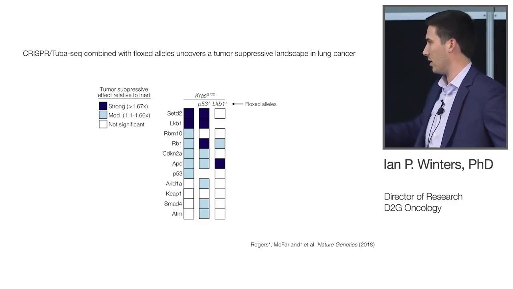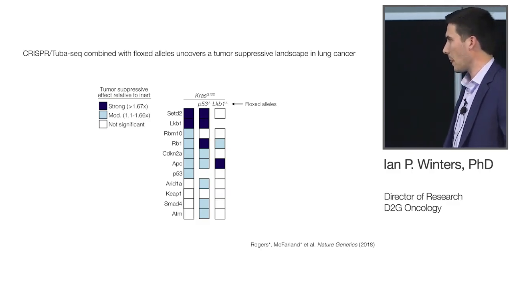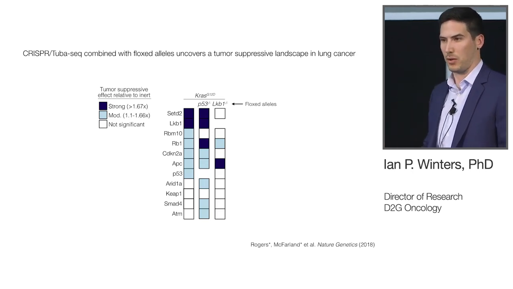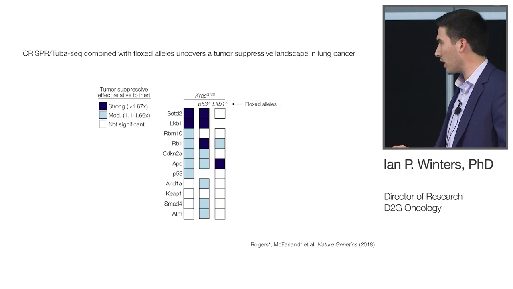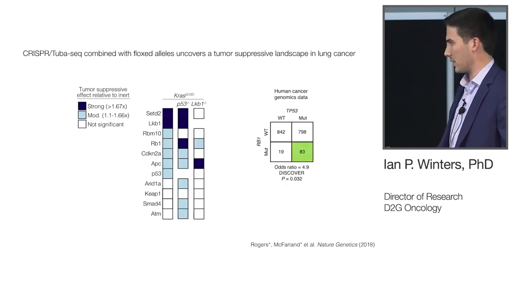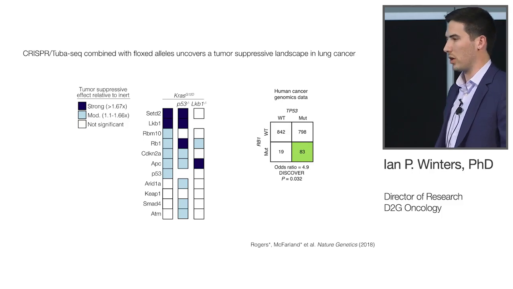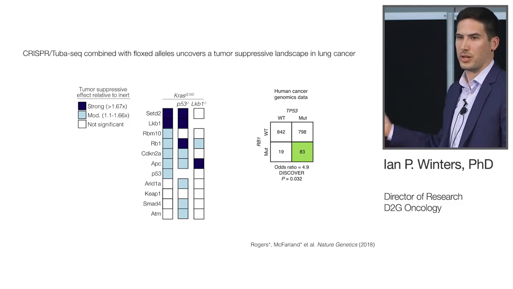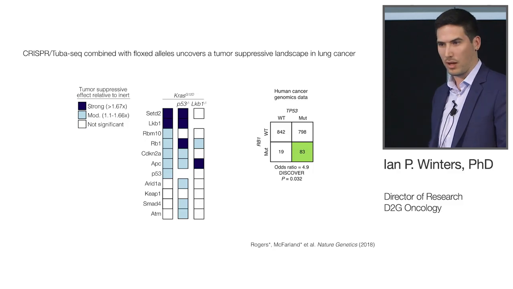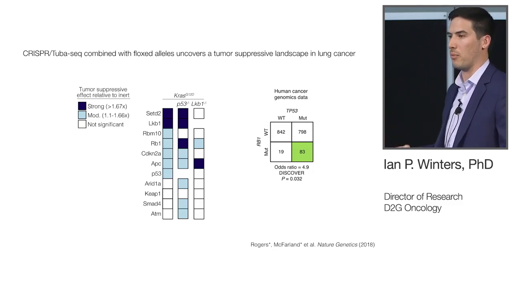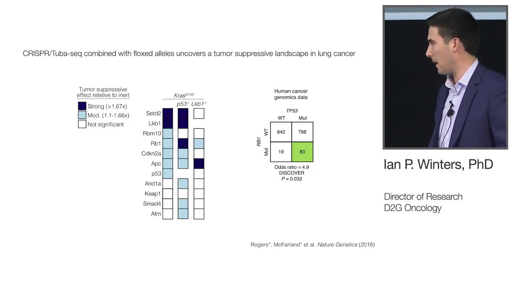That's that dark blue there, suggesting that that might be selected for in human patients. And if you look at human patients, it is actually supported in the data. So this is some human cancer genomics data, where if you look at the co-occurrence of P53 alterations and RB alterations in people, they actually do preferentially co-occur more than you'd expect by chance.